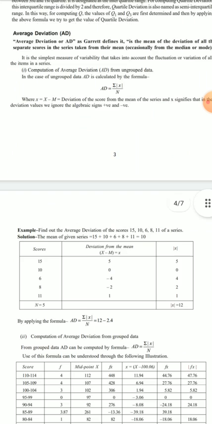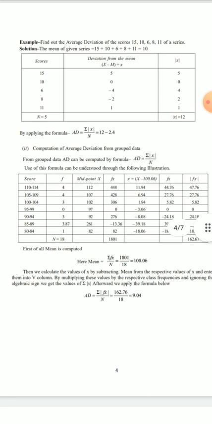So, you can consider here an example: how will you calculate the average deviation for ungrouped data? Suppose you have the scores of ungrouped data like 15, 10, 6, 8, 11. The number of items is equal to 5, so you can put the value of n is equal to 5.